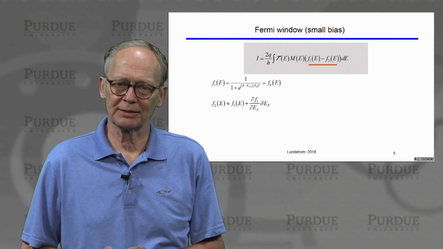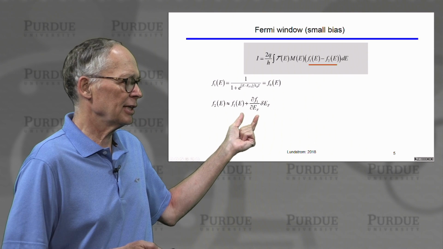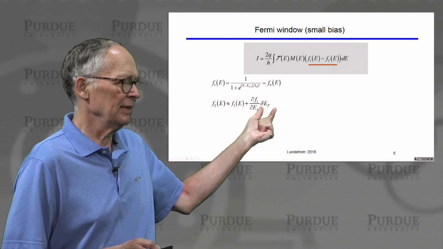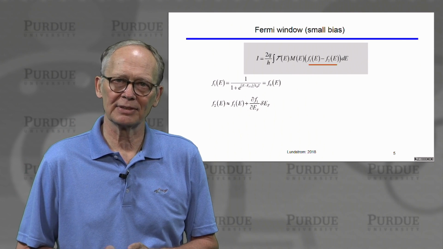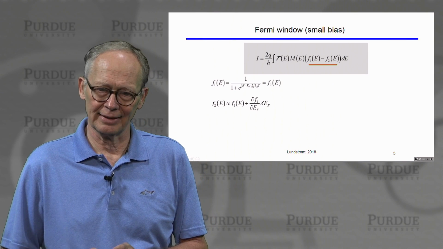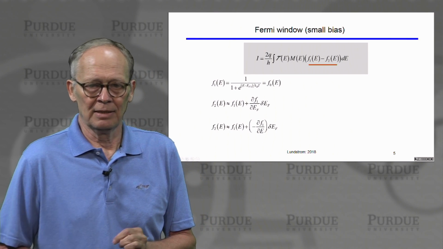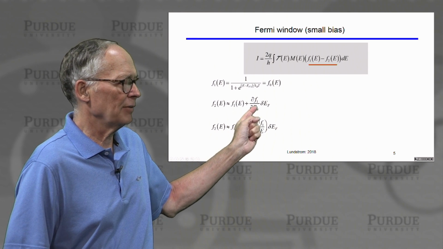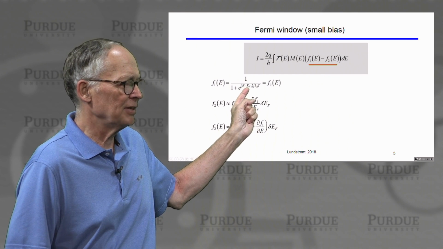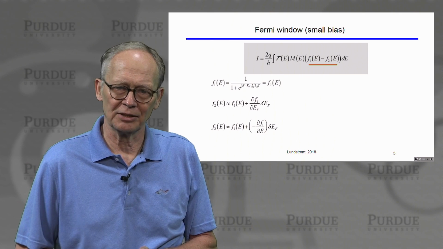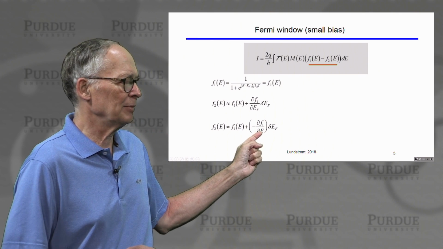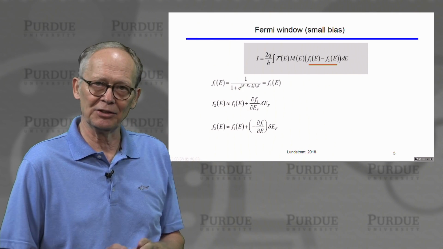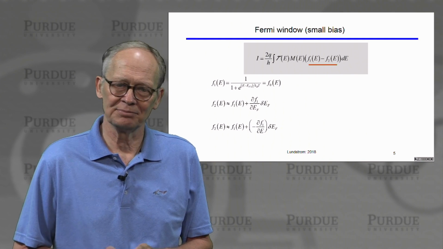So to find Fermi function 2, we take Fermi function 1 and expand it in a Taylor series. We differentiate it with respect to the Fermi level, and then multiply by the difference in Fermi levels between the two contacts. Okay, notice I can make a slight change here. If I differentiate the Fermi function with respect to Fermi energy, that's exactly the same as differentiating with respect to energy, except for a minus sign.